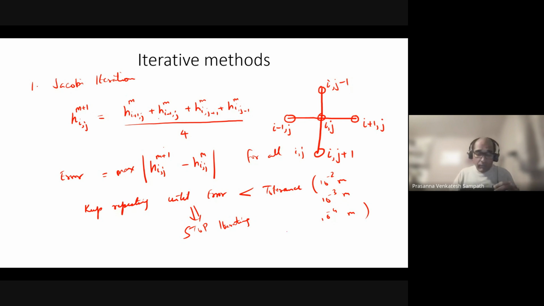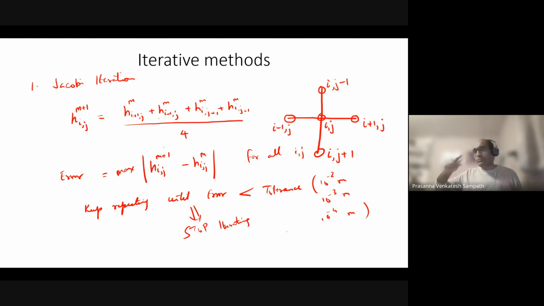We take the average of those four values from the previous iteration. You will notice that all of those terms in the numerator have m in the superscript, which refers to the fact that we are taking the values at those four neighboring nodes from the previous iteration and using that to compute the head at the current node, I comma j, at the m plus 1th iteration. Now you keep repeating this process.